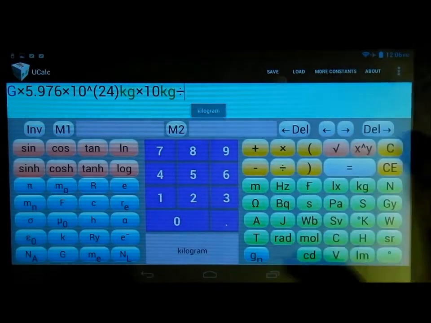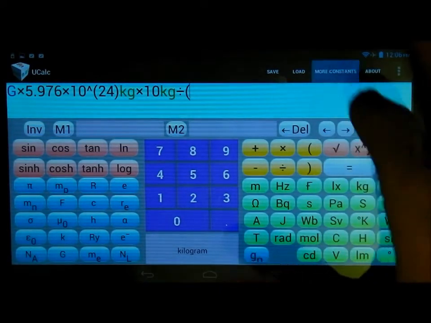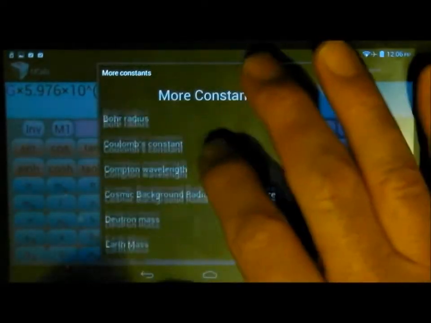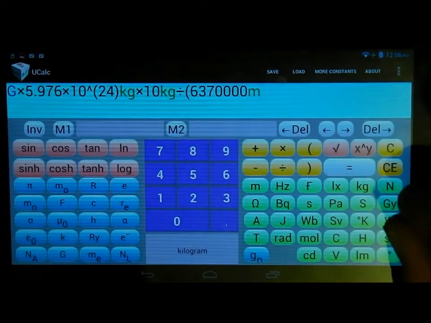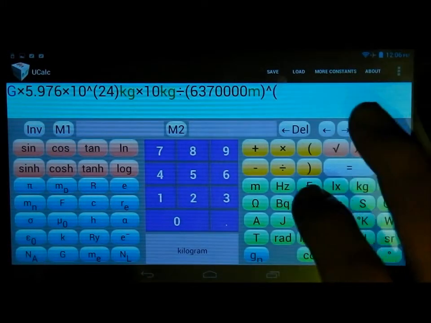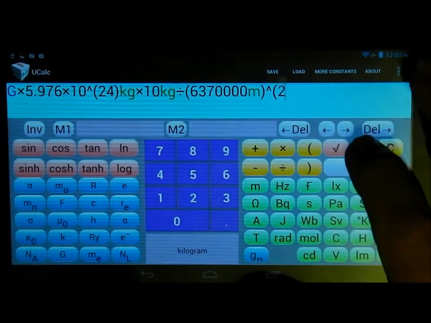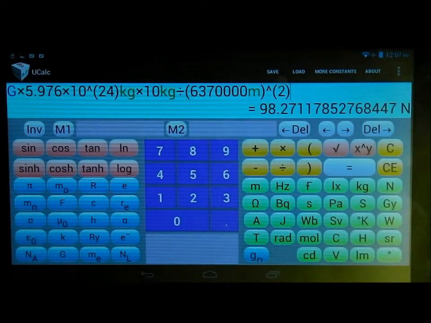Now this needs to be divided by the radius of the Earth squared, and again we can get the radius of the Earth from here, Earth mean radius. Raise that to the power 2, and you can see that that answer comes out in newtons.